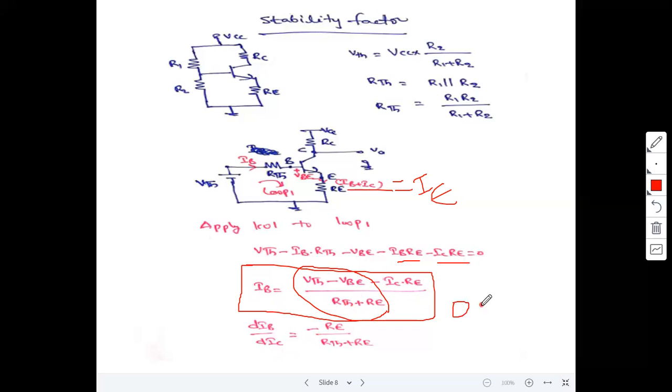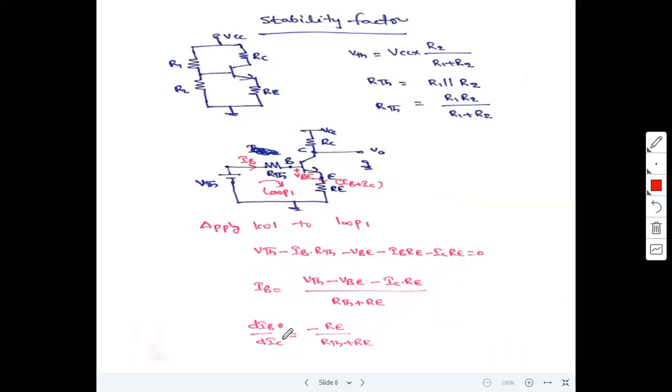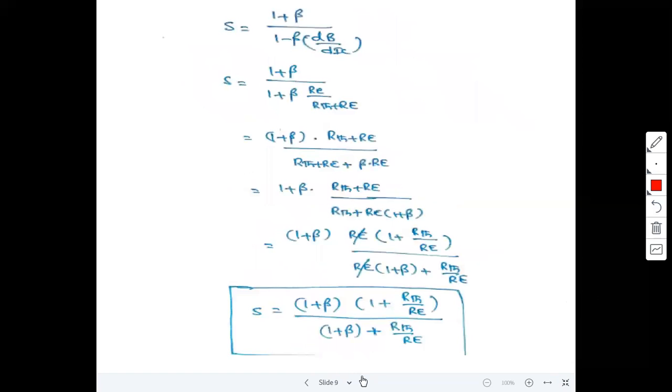So 0 minus, and for the remaining term with respect to IC, the remaining one is minus RE. So DIB by DIC is equal to minus RE by R Thevenin plus RE, right? Once you know DIB by DIC, we can easily derive the expression for the stability factor.